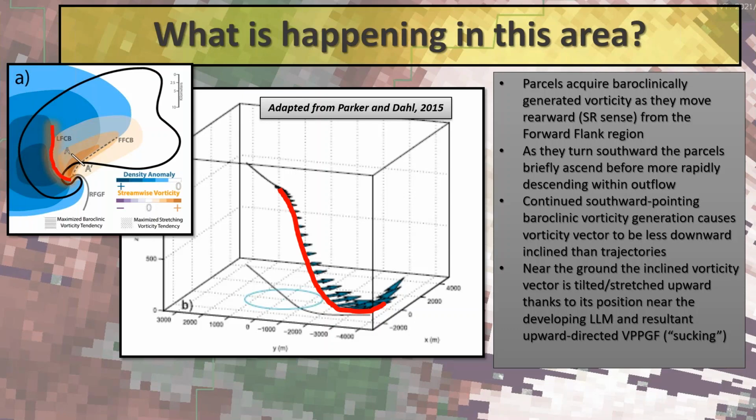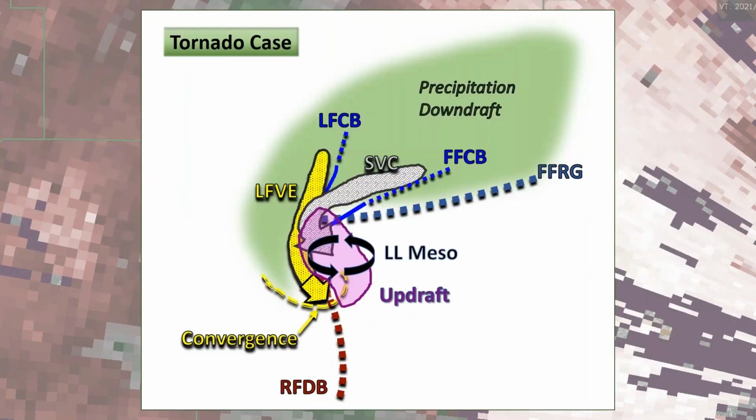And the important thing to note there is that baroclinic vorticity in some research is actually suggested to be crosswise, which allows the vorticity vector to be tilted more on the back end and tipped off the trajectory, which allows it to be tilted and stretched by the low-level mesocyclone.